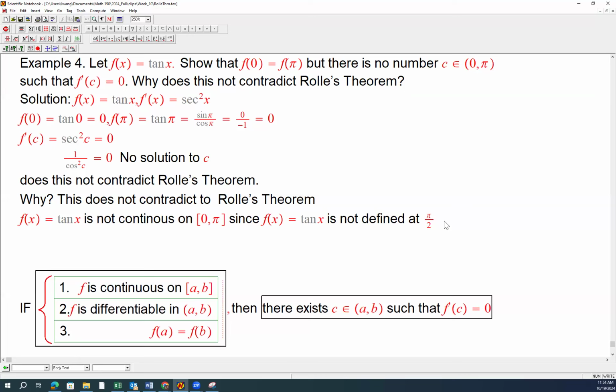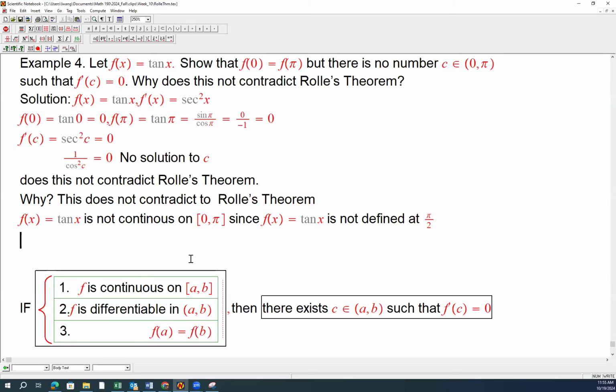Therefore, the first condition is not satisfied. And if it is not continuous in that interval, certainly it's not differentiable in that interval. So actually, two conditions are not satisfied. f is not continuous because f of x is not defined there.